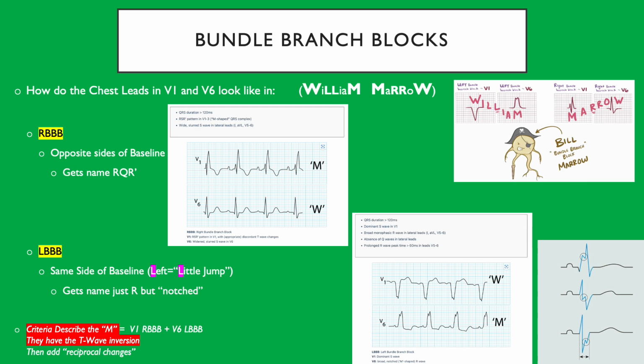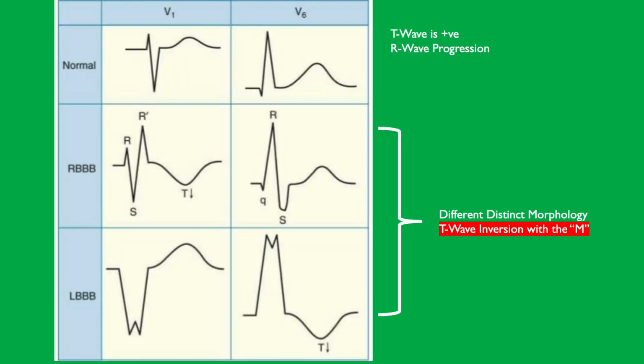That's why always follow the M, okay? When you have bundle branch blocks, focus on the M. WilliamMarrow will tell you where the M is to go and focus on it. So this is the M, T-wave inversion. This is the M, T-wave inversion. The left one has only an R, which is notched, and the right one has different letters. Always describe the M and the M. Don't care about the other one. Here, we go to the M, right?